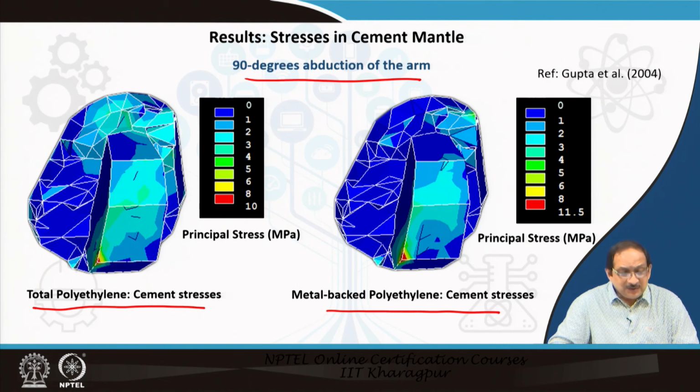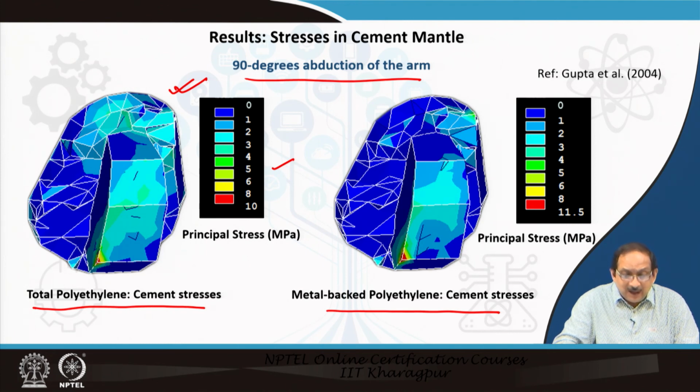In case of total polyethylene design, the tensile stresses generated in the cement generally varied between 0.1 to 5 MPa, as you can see in the principal stress distribution.